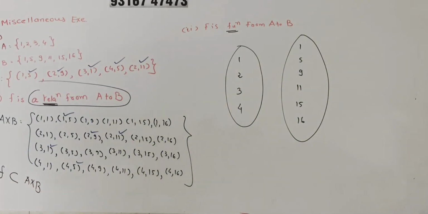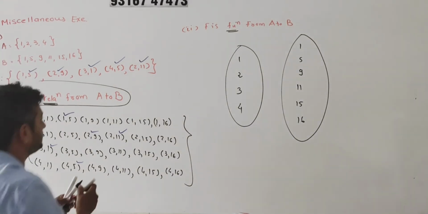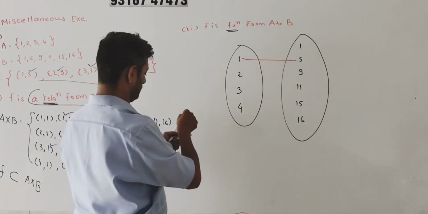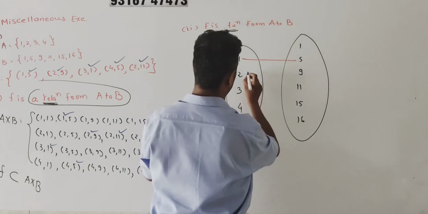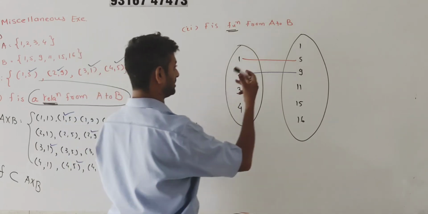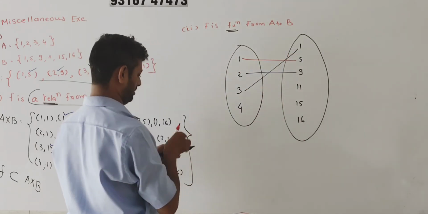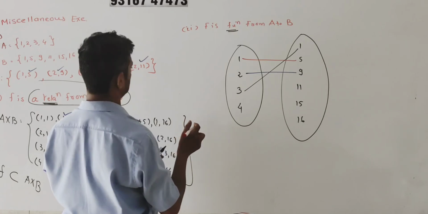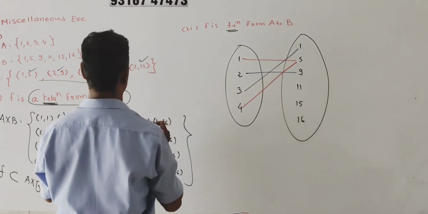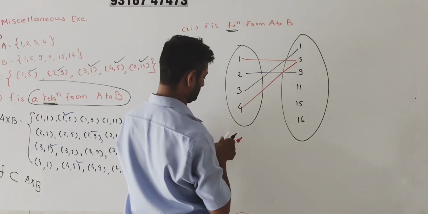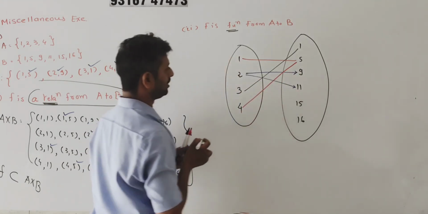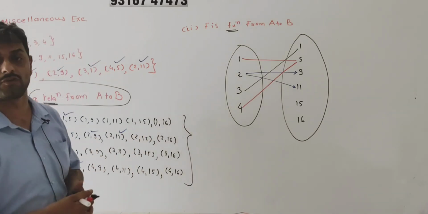Now (1, 5), so 1 goes to 5. (2, 9), 2 goes to 9. (3, 1), 3 goes to 1. And (4, 5). And (2, 11), 2 goes to 11. Here the problem is there. This is not a function.